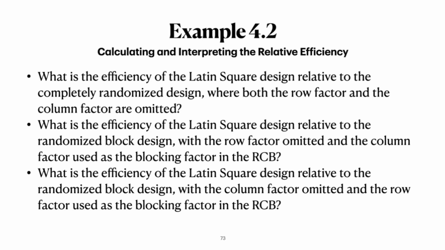What is the efficiency of the Latin square design relative to the randomized block design where the row factor has been omitted and the column factor is being used as the blocking factor in the RCB? And finally, what is the efficiency of the Latin square design relative to the randomized block design where the column factor has been omitted and the row factor is being used as the blocking factor in the RCB?